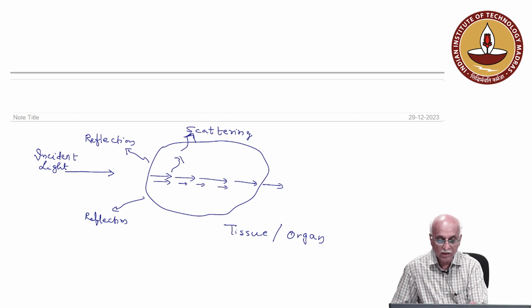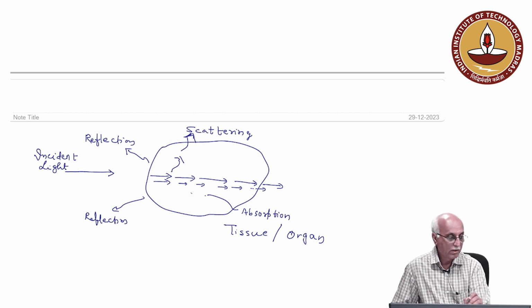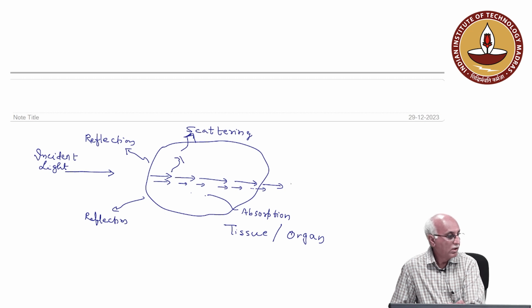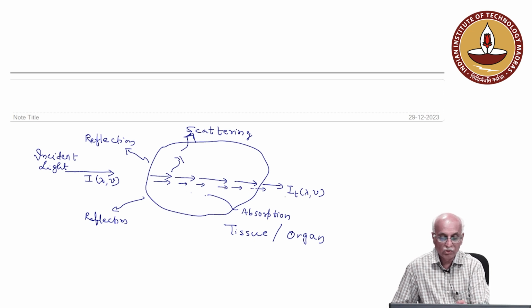So the intensity of the light will get reduced in turn. There will be absorption, which is due to the tissue material characteristics. Hence, the input is, let's say, the intensity of light with wavelength lambda and frequency nu. The transmitted light intensity will be smaller than the input, of course, because of the absorption.